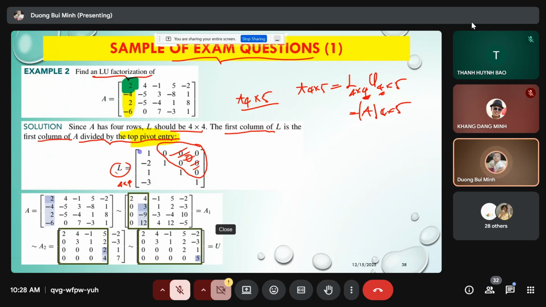So 2 divided by 2, you get 1. Minus 4 divided by 2, you get minus 2. 2 divided by 2, you get 1. And minus 6 divided by 2, you get minus 3. So now we keep this. This one is A. Remember this one.